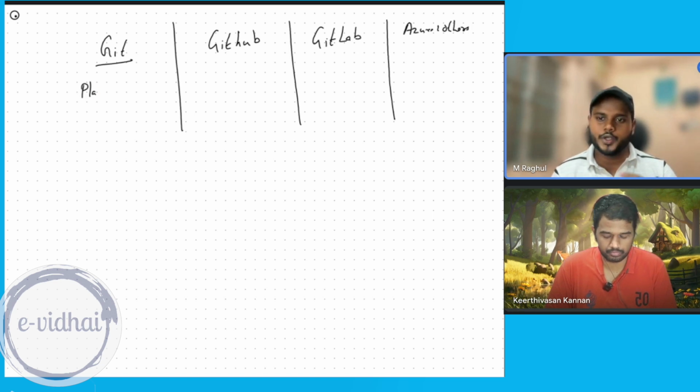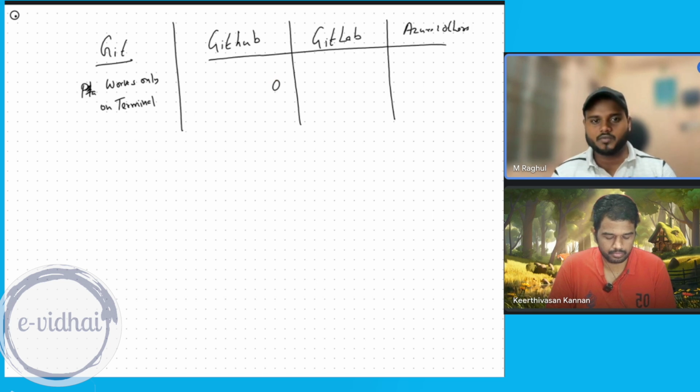If you want a UI version to collaborate and to be more user friendly, they developed GitHub, a web-based platform. So Git is different, which is a software, and GitHub is a web-based platform. GitLab, Azure DevOps, and Bitbucket are other competitors of GitHub. These are also similar web-based platforms for Git.